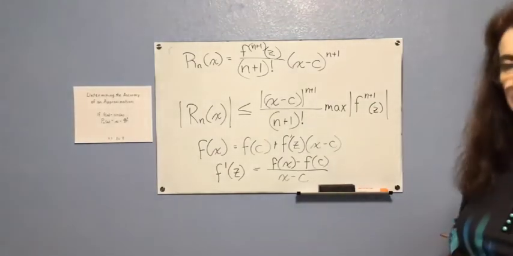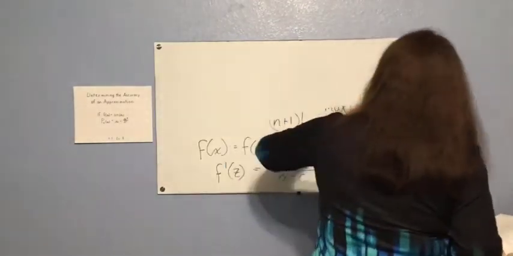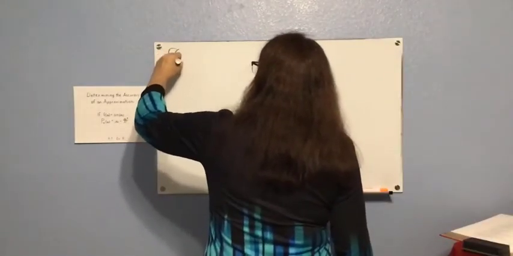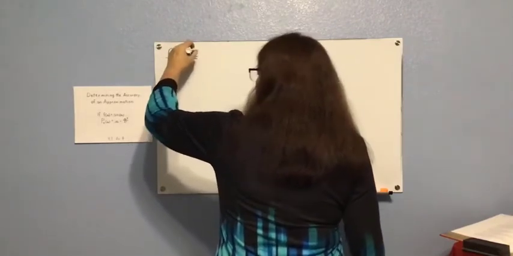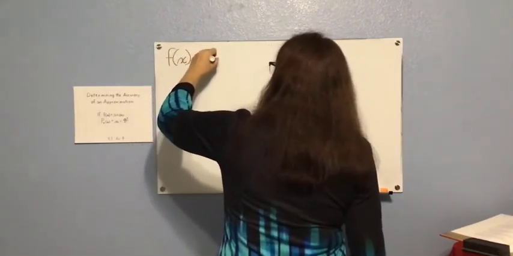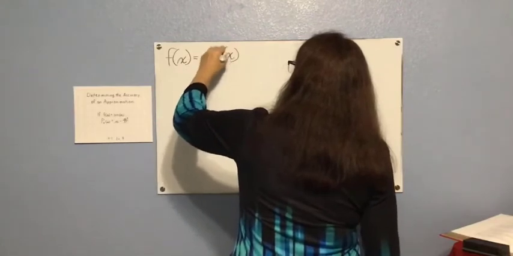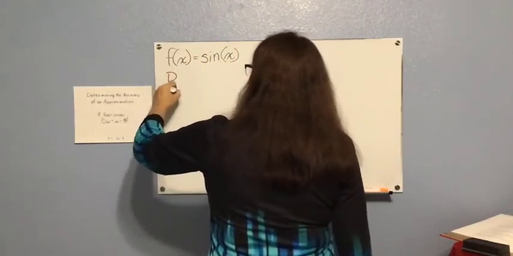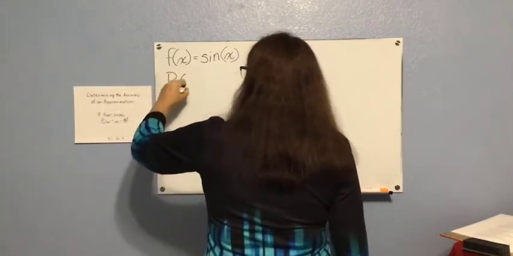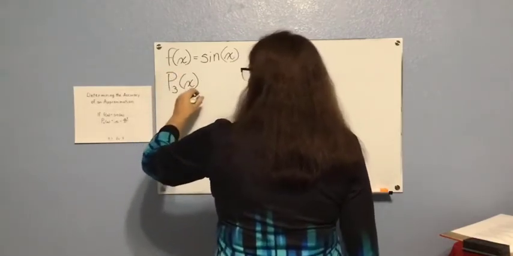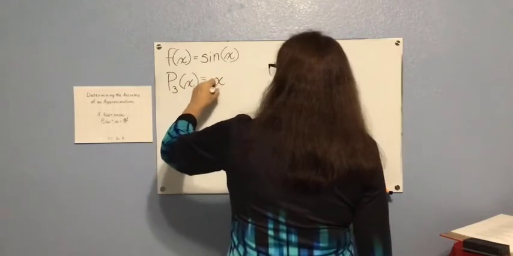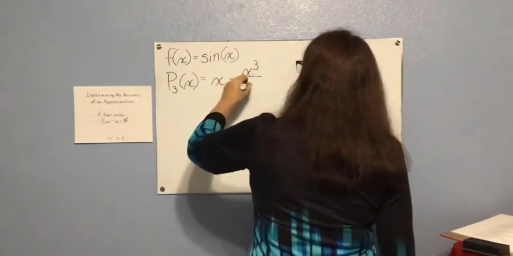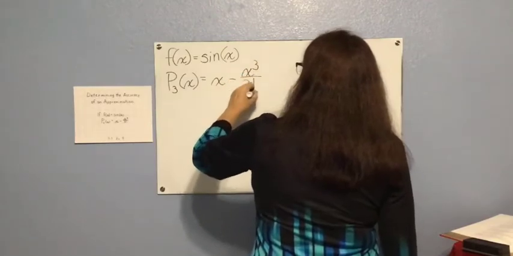Okay, let's see how we can use this. We're going to say f of x is equal to sine x. And that lets us know that the third Maclaurin polynomial is x minus x cubed over 3 factorial.